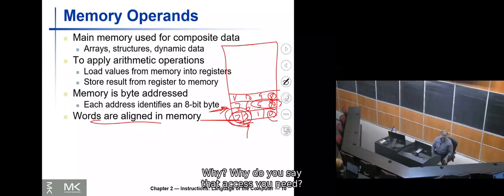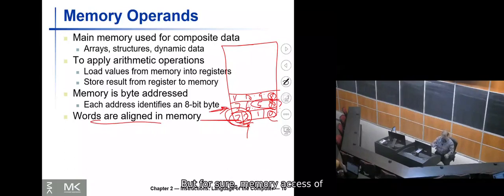Why do you say that? Aligned access, you mean? No, because it allows non-aligned access. Is that why you get more benefits from higher memory speed? No, I don't think so. It is vice versa. When you have non-aligned access, it makes it slower. But they do something to make it fast.